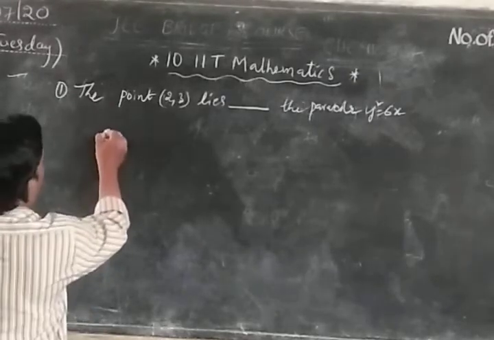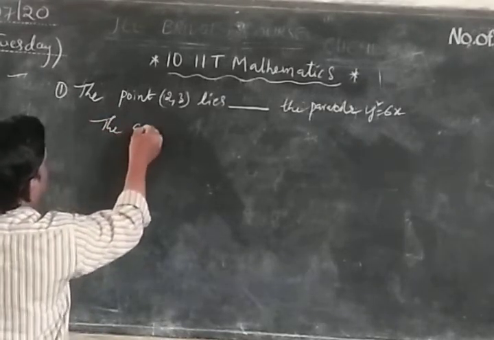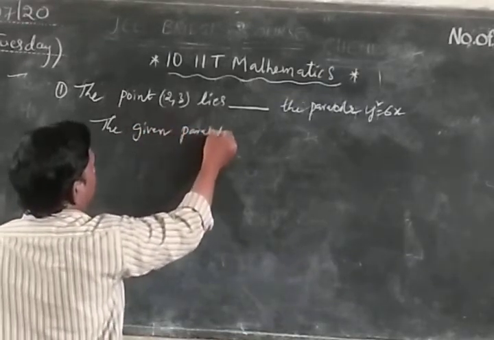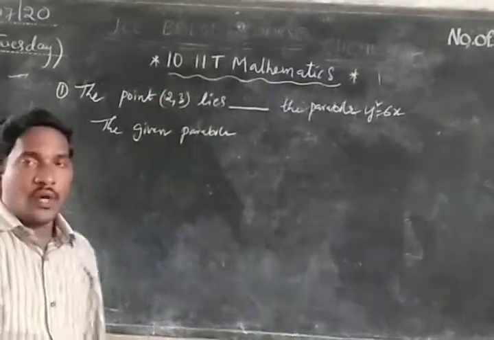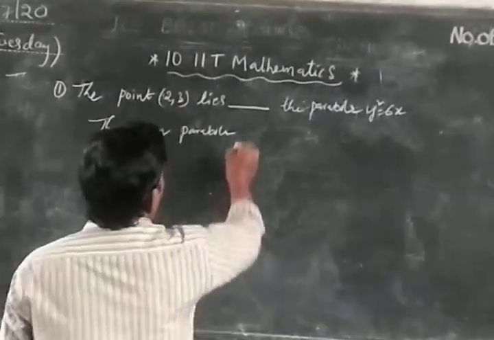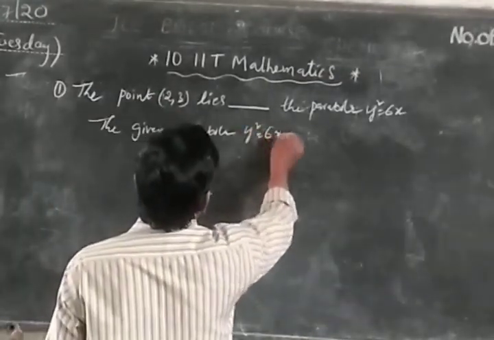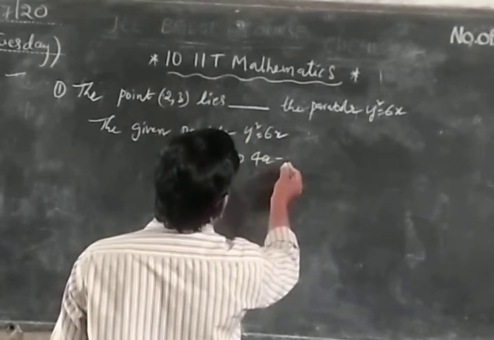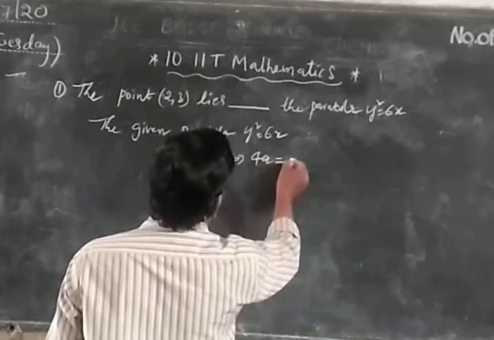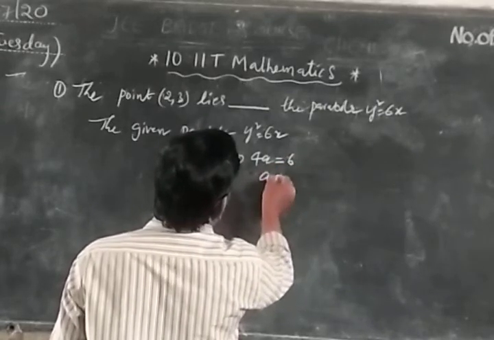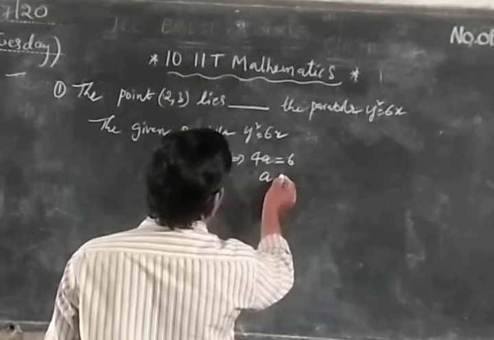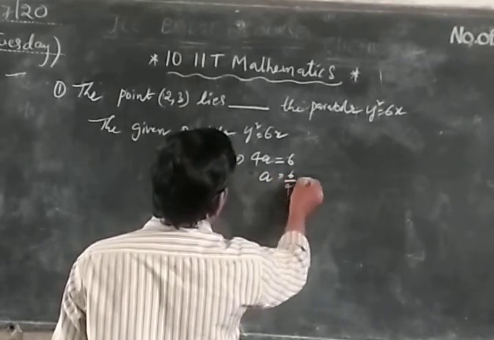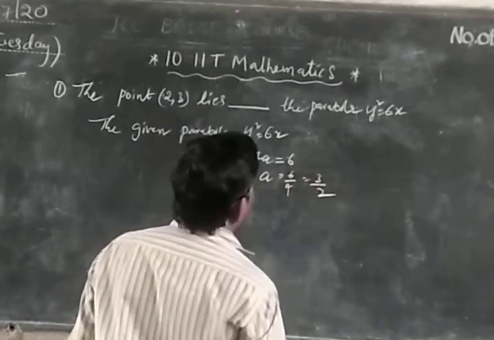The given parabola, what is the given parabola? y square equal to 6x, 4a equal to 6, a equal to 6 by 4, that means 3 by 2. Okay.